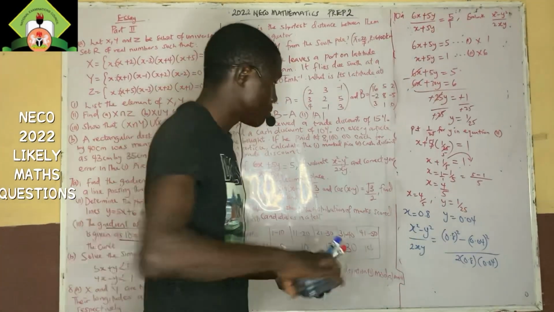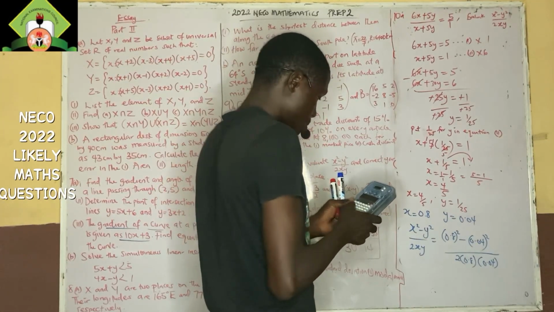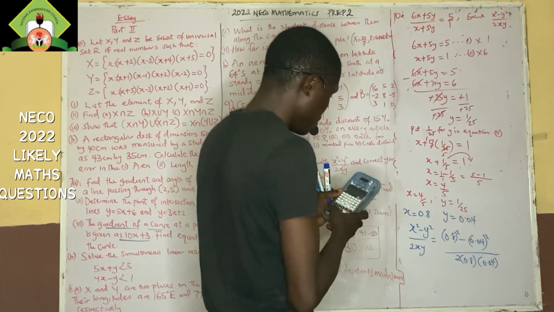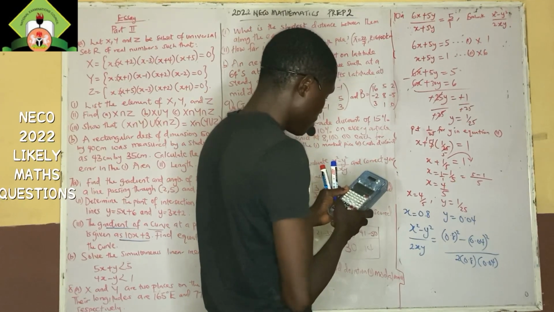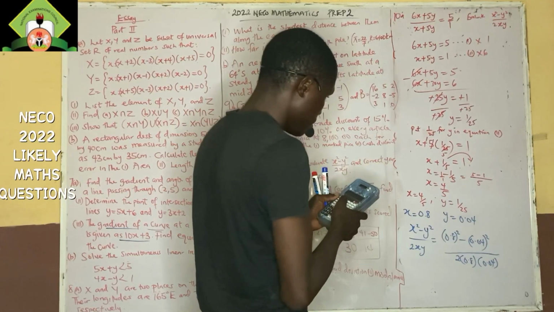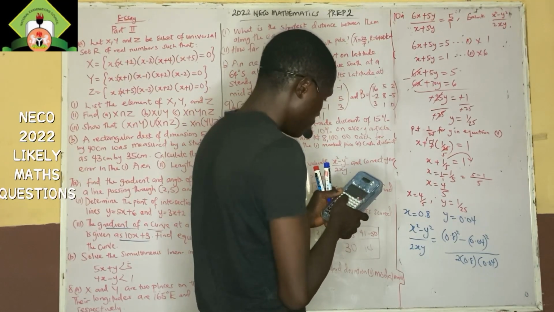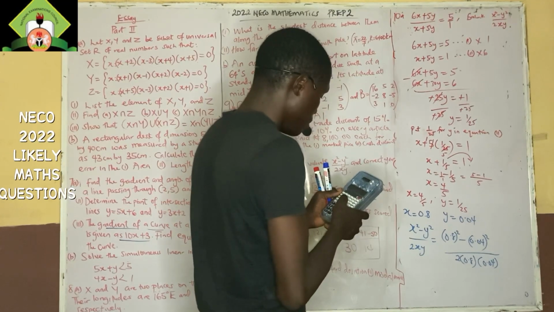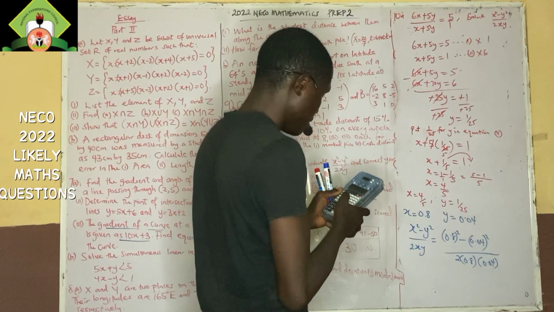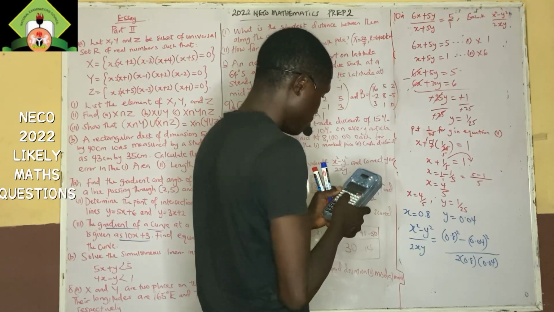So what do we have now? Open bracket 0.8 all squared, minus open bracket 0.04 all squared, bracket close, divided by bracket 2 of bracket 0.8, bracket close, again bracket open 0.04, bracket close, then bracket close.